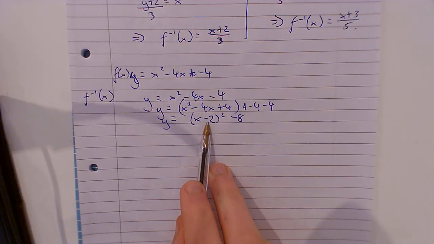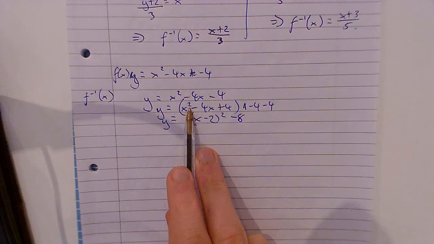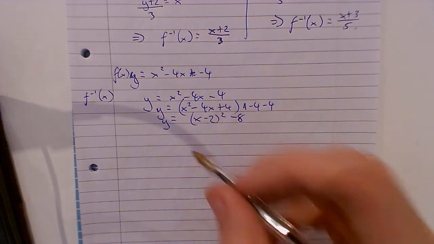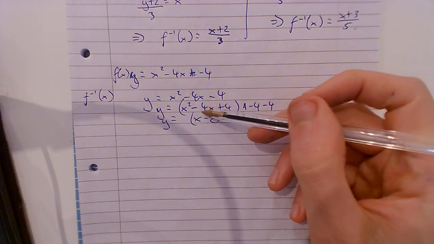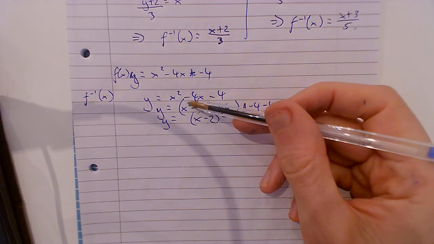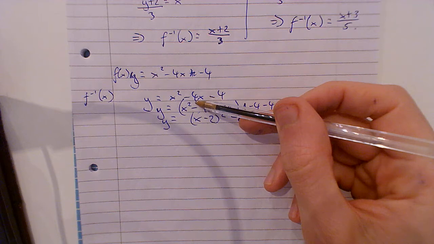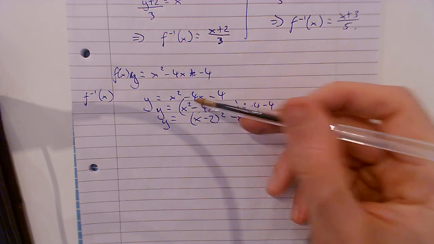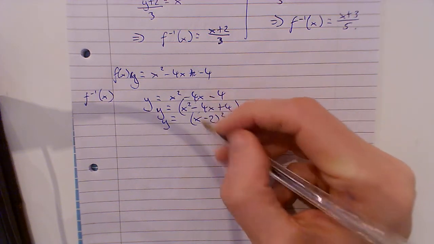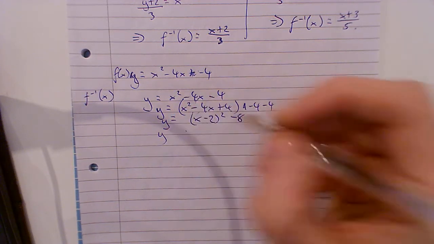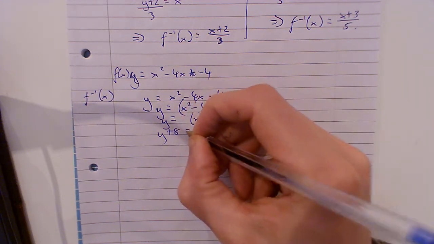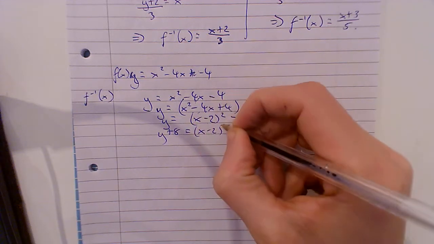Yep, complicated, but whenever you see any square in this, you have to make a perfect square. How did I know what to put in here? Going back, I suppose I skipped that. You half this, and you square it. So that's minus 2 squared, which is plus 4. And that's x minus 2 there. So I've got y plus 8 equals x minus 2 squared.